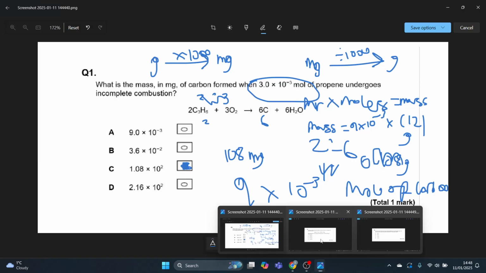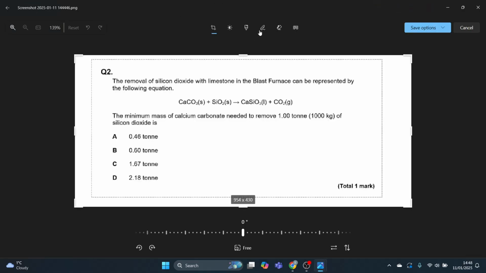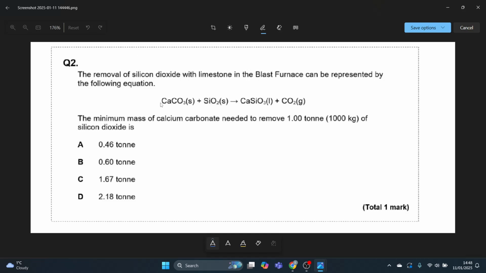Perfect. Question 2. The removal of silicon dioxide with limestone can be represented by the following equation. What is the minimum mass of calcium carbonate needed to remove this much silicon dioxide? First time I looked at it, I was like, is that even enough information to find that out? And it is.